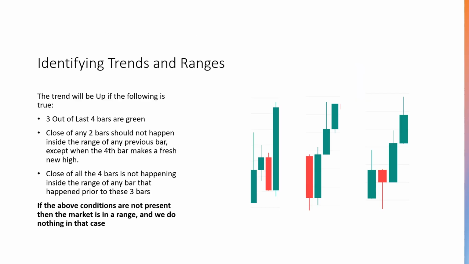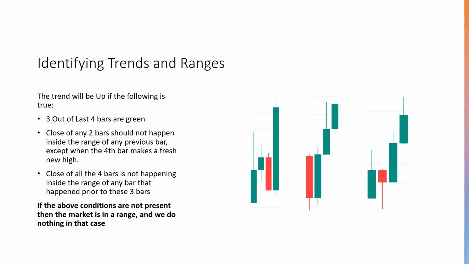Another criteria for a trend to be up is that three out of the last four bars are green. Simple, right? Second, the close of any two bars should not happen inside the range of any previous bar. No two bars should close within the range of a prior bar, except when the fourth bar makes a fresh high.